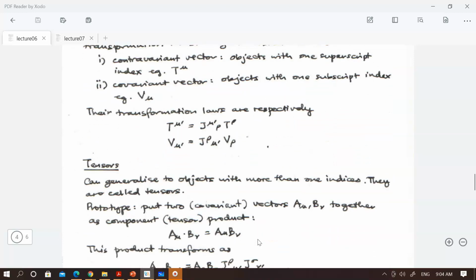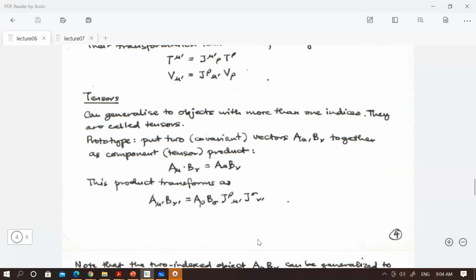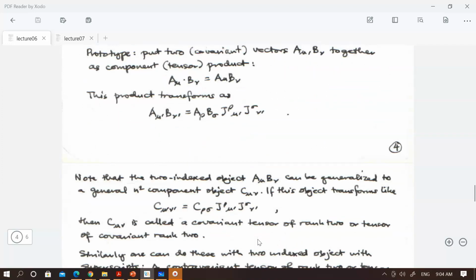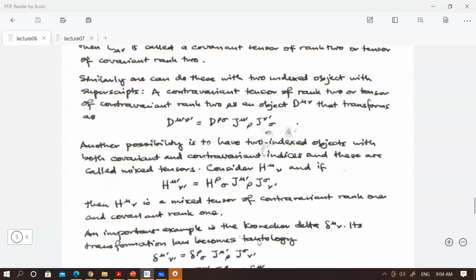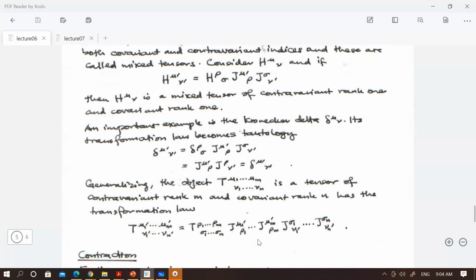And then we introduced the idea of a tensor product to build up tensors, the prototype of tensors. Then I think we finished at the point of defining tensors in general, which are objects with many indices on the top and many indices at the bottom.